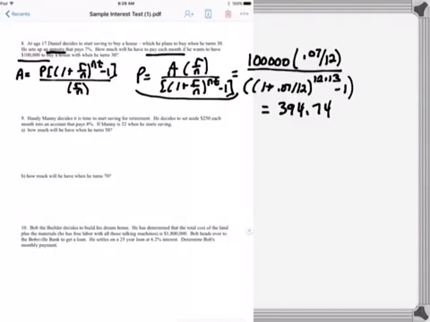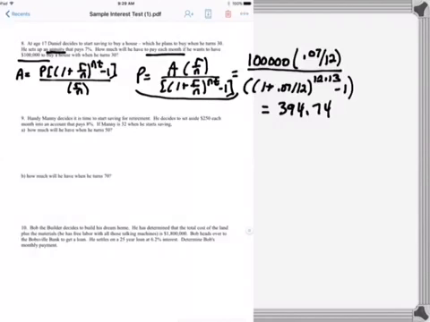And when we do that, we find out that he needs to invest $394.74 each month from age 17 to age 30 to have his $100,000 for that home.